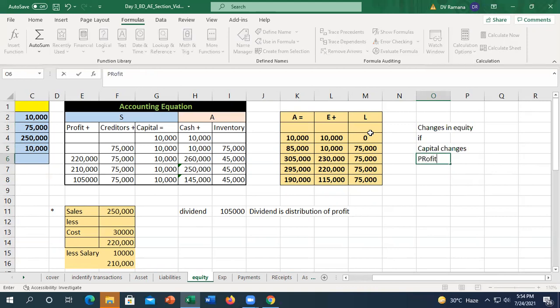If there is a profit, if there is a loss, if there is a distribution of profit.